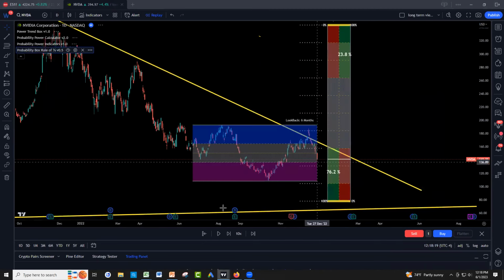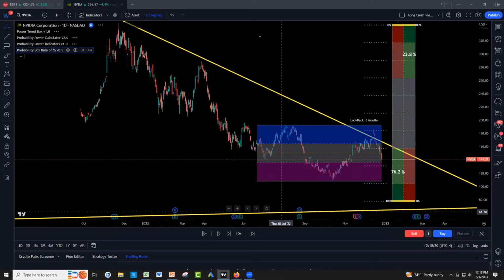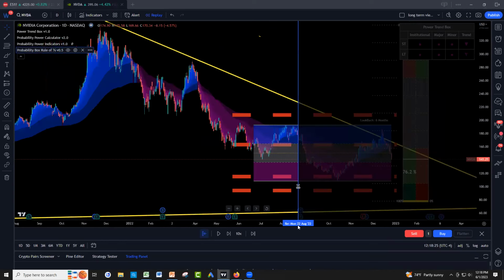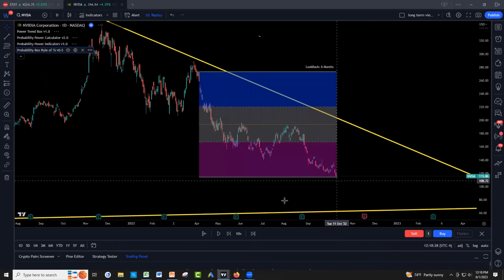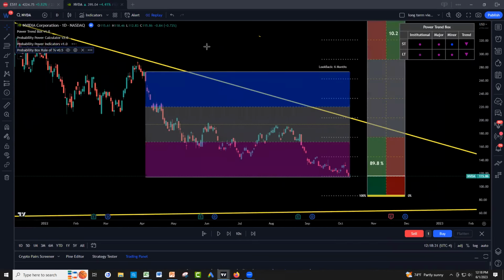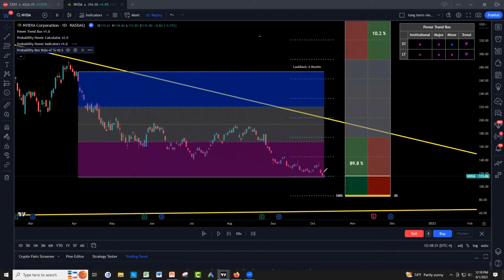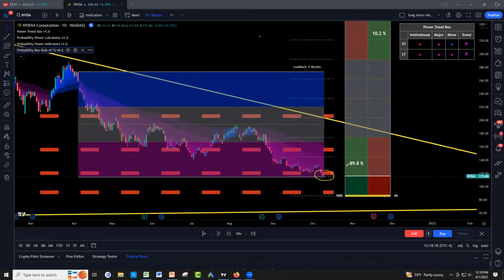It's not even the bottom, no. The bottom is here on the institutional zone, on the replay. And you have the institutional zone. So look at all the convergence. Institutional zone, 90% chance of success.